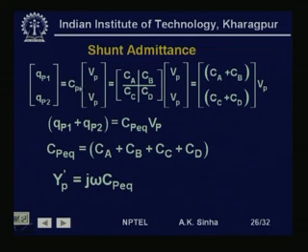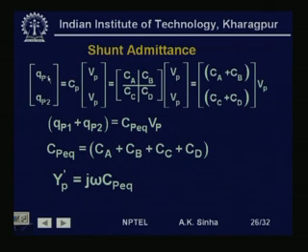Now, this Cp, which is a 6 by 6 matrix, can be divided into 4 submatrices Ca, Cb, Cc, Cd. So, we have Ca into Vp plus Cb into Vp. So, Ca plus Cb into Vp, Cc into Vp plus Cd into Vp, that is Cc plus Cd into Vp, is equal to Qp1, Qp2.